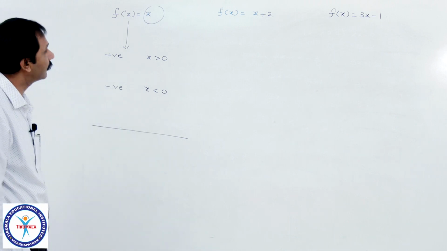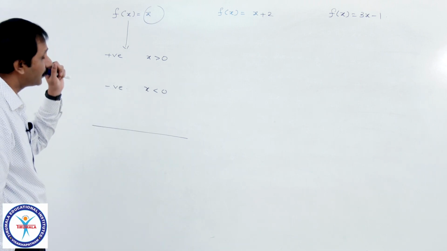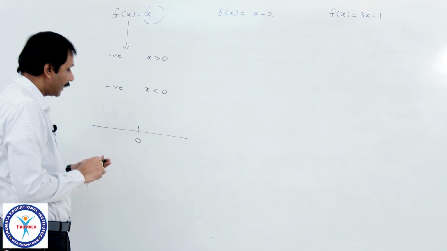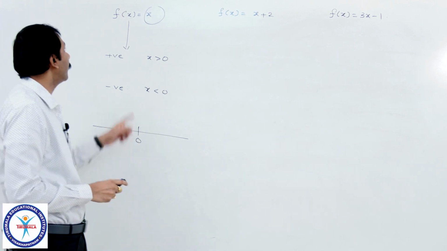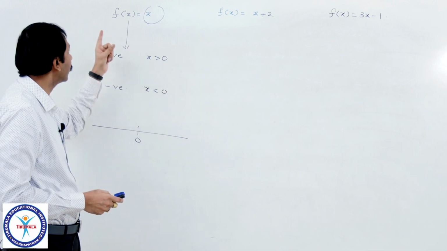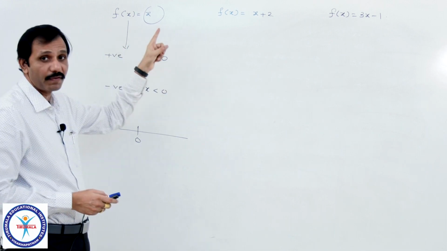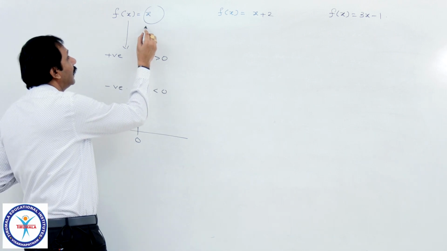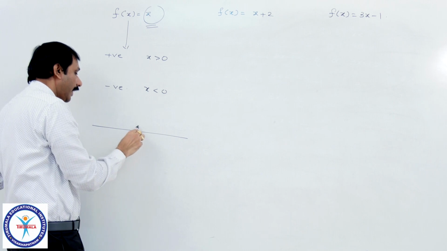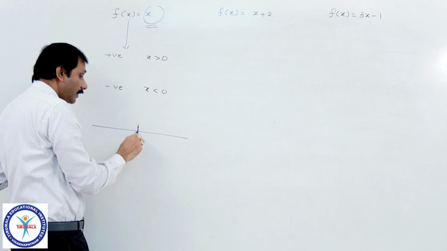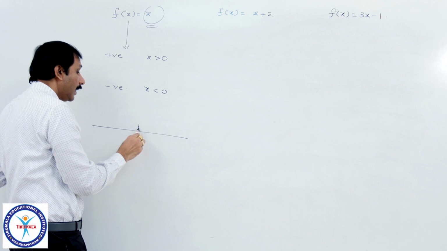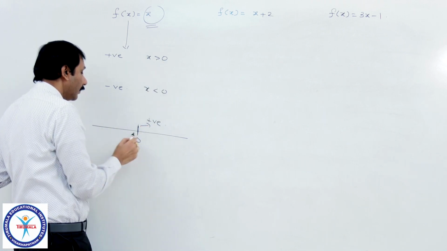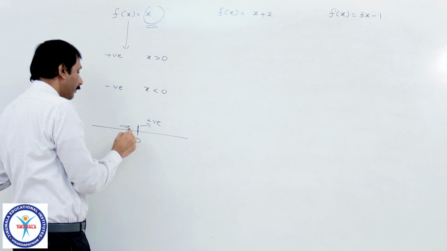What is the 0 of that polynomial? 0 only. We can say 0 is the critical point, or 0 is the root of f of x equal to 0. Because only one term is there, x equal to 0 is the root; to the right side, greater than 0, it becomes positive, and to the left side it becomes negative.